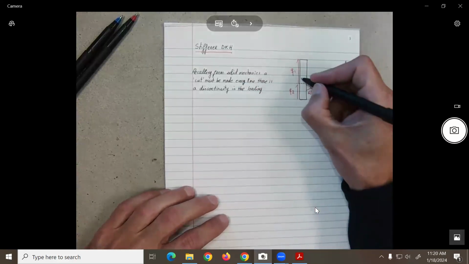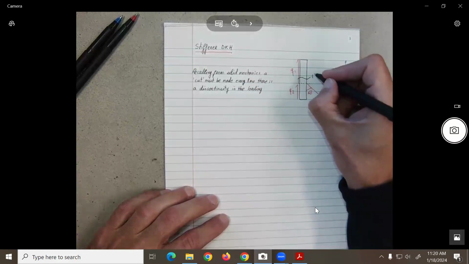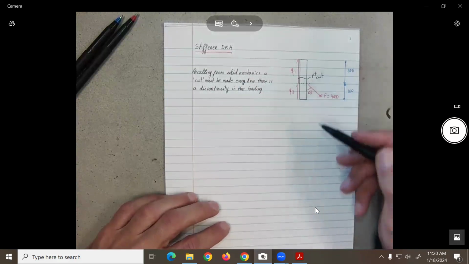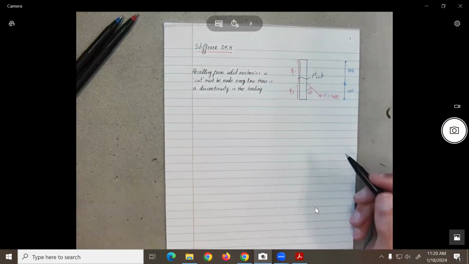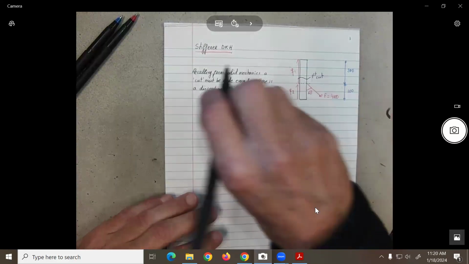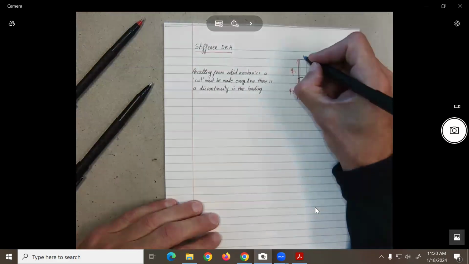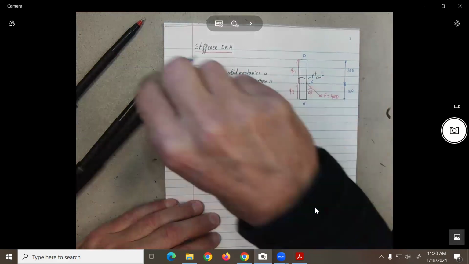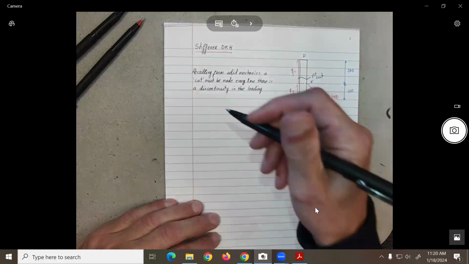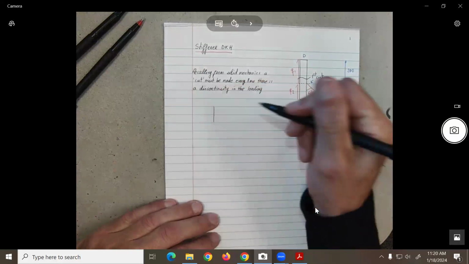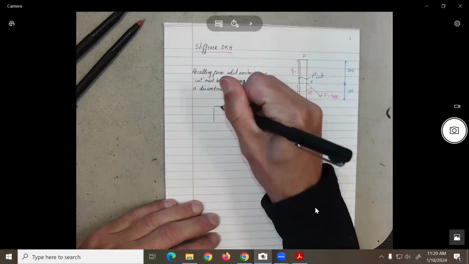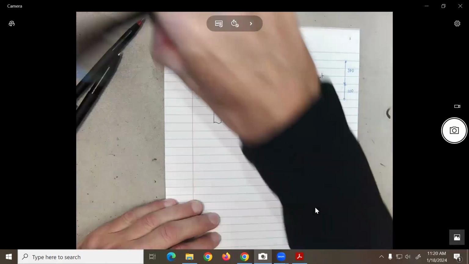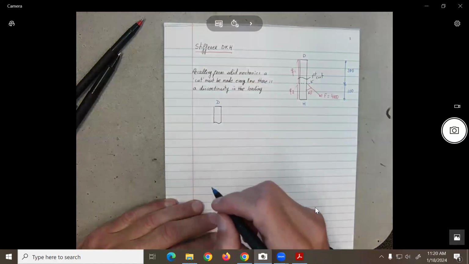So over here, we're going to make one cut right before we get to the discontinuity. It can be anywhere. Let's say here we have D, K, H. So we do the first free body diagram for the first cut. This is D over here.